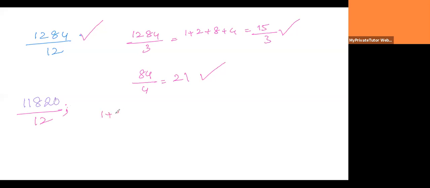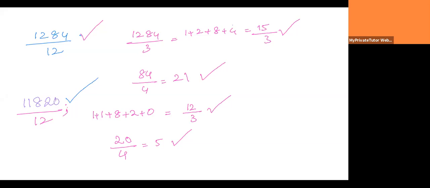So 1 plus 8 plus 2 plus 0, which is 12. So 12 is divisible by 3. And the last two digits are 20. 20 is divisible by 4, we'll get 5, right? So the original number 11,820 is also divisible by 12.